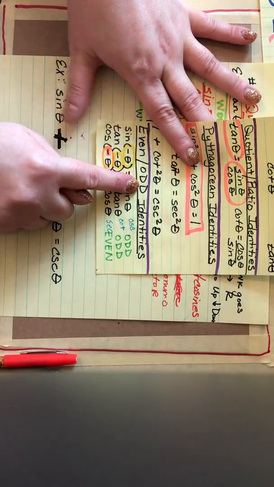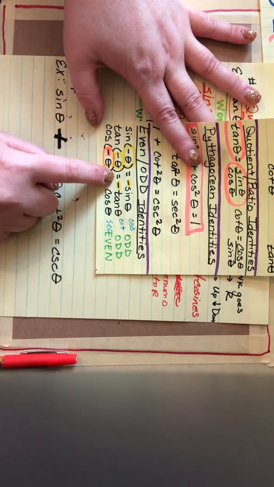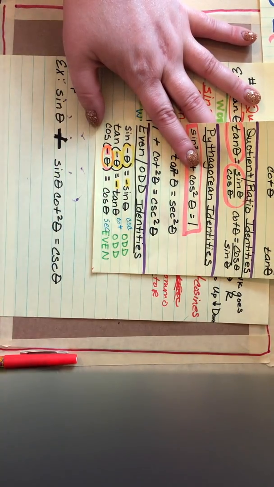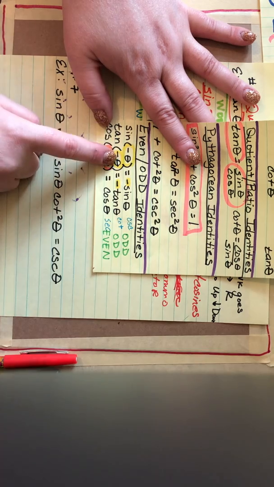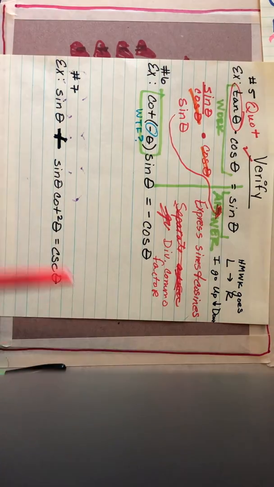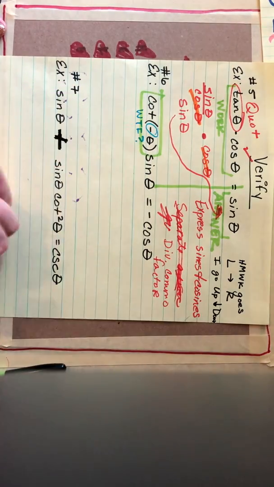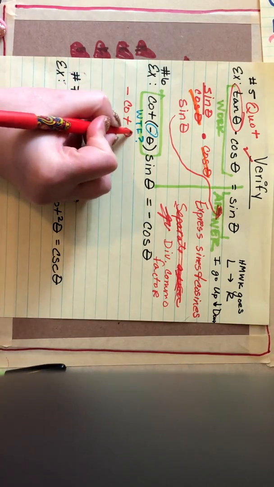Earlier we talked about even-odd identities where tangent of a negative theta is equal to negative tan. And I said its reciprocal, cotan, is the same thing. So that means cotangent of a negative theta is equal to negative cotangent theta.